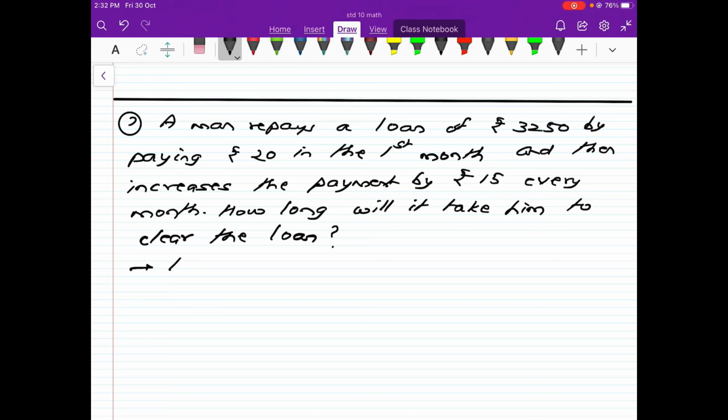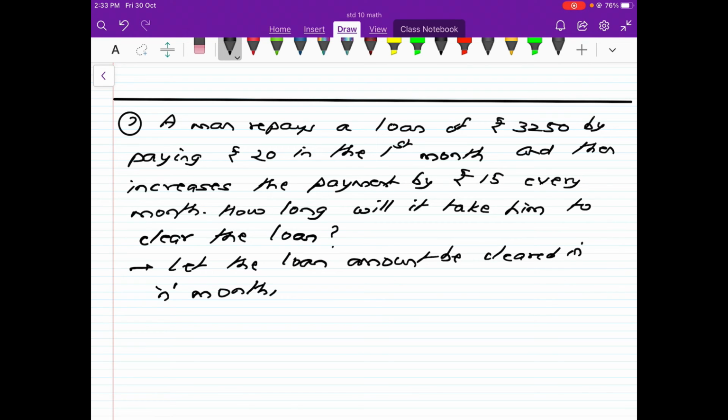So let the loan be cleared in n months. Okay, now what is a here? Rupees 20, because rupees 20 is the first payment, and d is rupees 15.